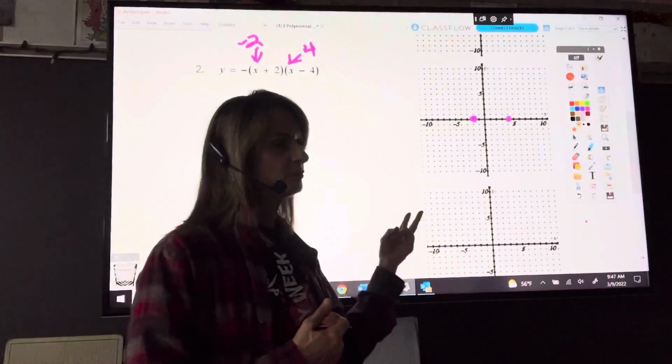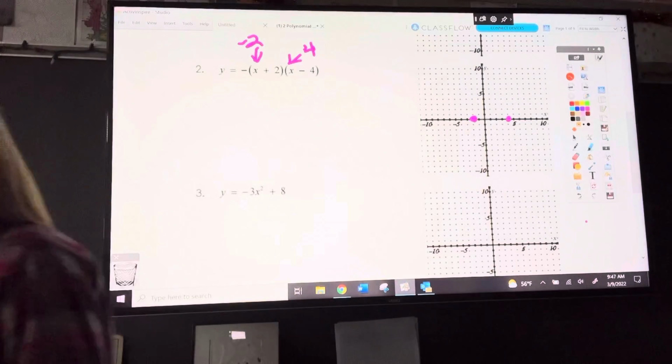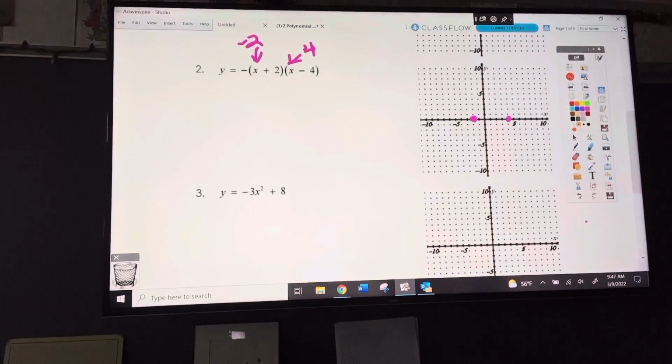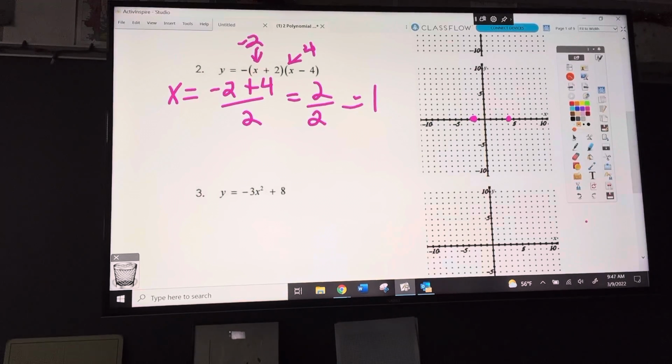In this case, there are two numbers. We add them up and divide by 2. So the x-coordinate of the vertex is going to be -2 plus 4 divided by 2, which is 2 over 2, that's 1. So the x-coordinate is 1. I can just go ahead and draw a dotted line here.